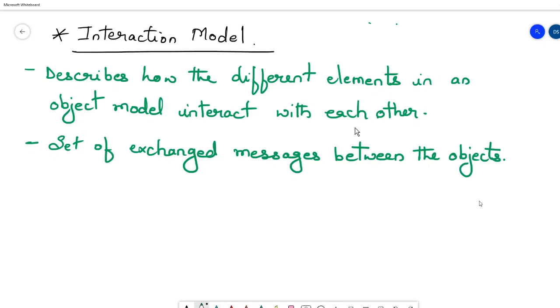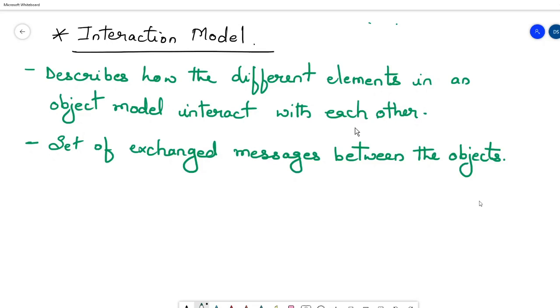We can say that the interaction model uses the use case diagram, sequence diagram, and activity diagram. These would always help us understand the interaction between the components of a system.